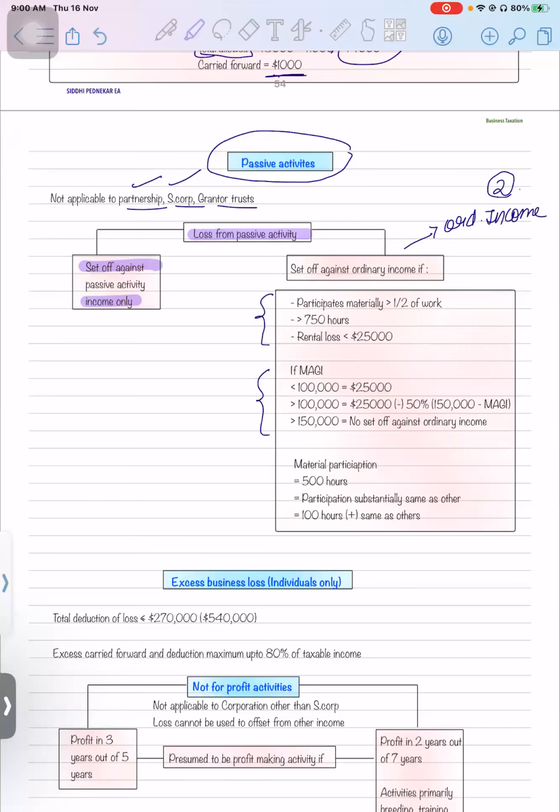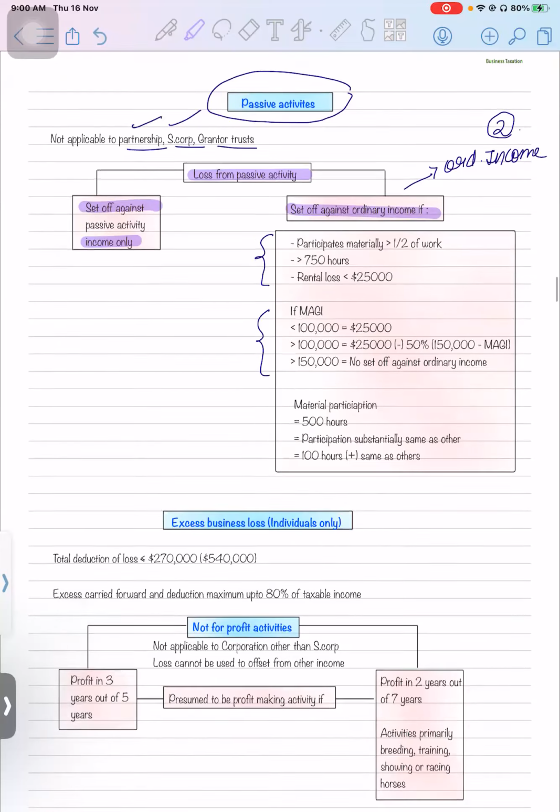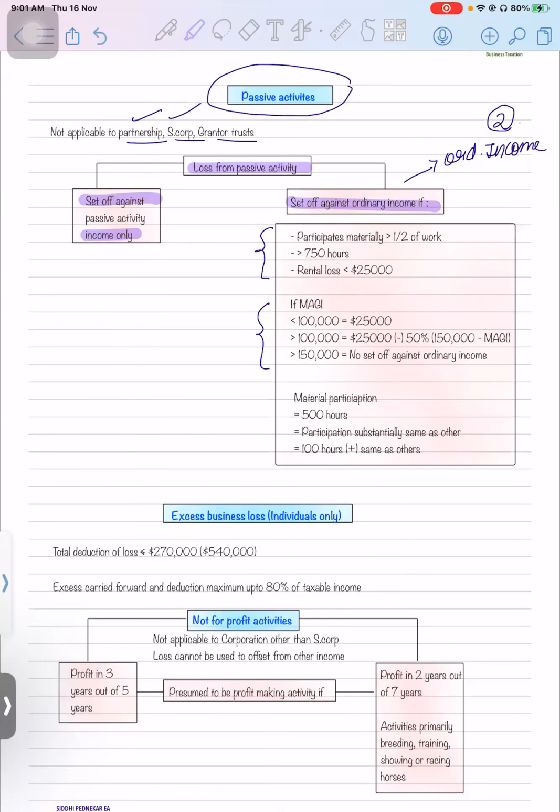So you have to set off against ordinary income. What criteria is there? Participate materially for half of the work. Meaning you are actively participating in renting out your properties. You are actively looking out for tenants, you are advertising, you're incurring some expense and doing some active participation.